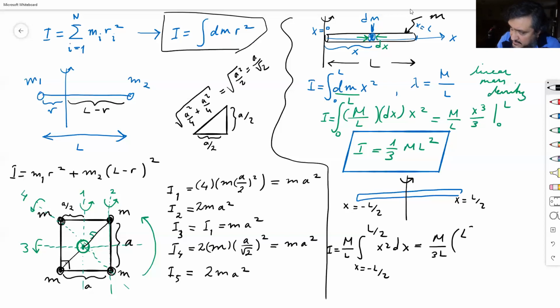The upper limit is L cubed over 8, right? Minus the lower limit. Now the cube of negative L over 2 is negative L cubed over 8. Two negatives make positive, so L cubed over 8. So this becomes 2 over 8, or 1 over 4. 4 times 3, 12. So 1 over 12 ML squared.